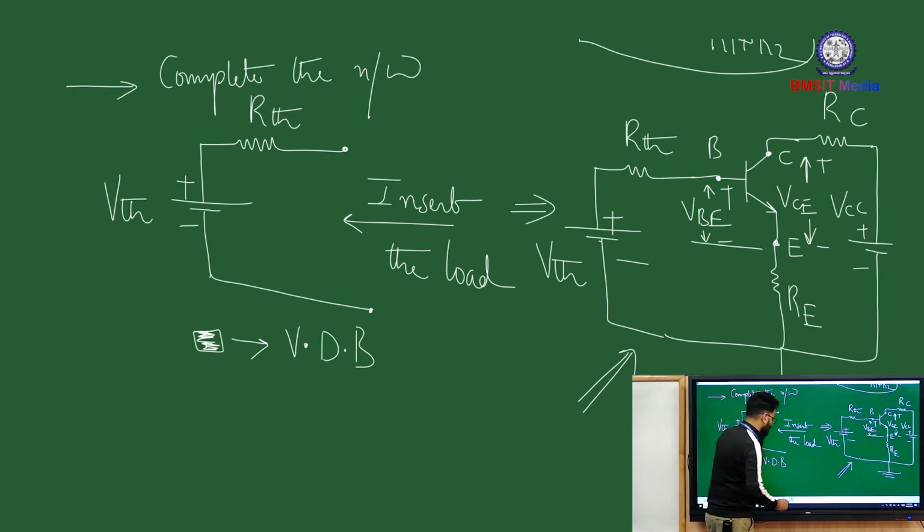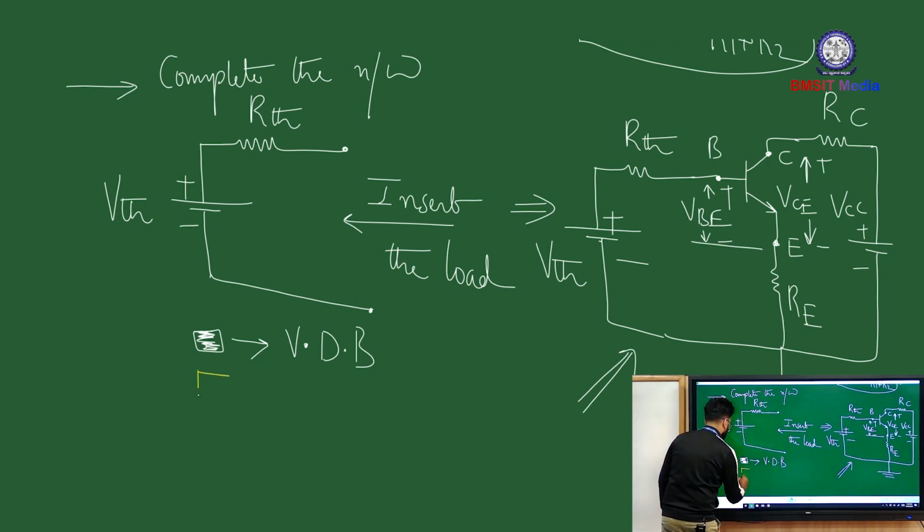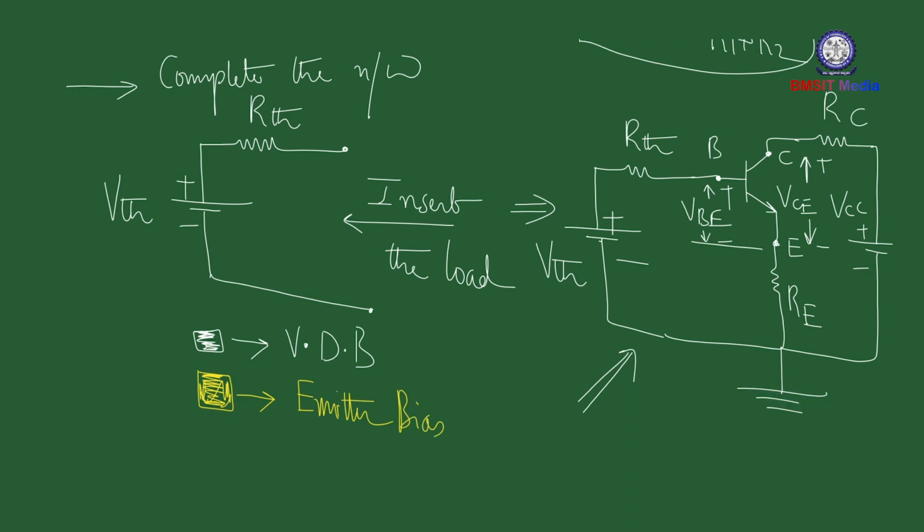VDB means voltage divider bias. Okay, and I will write some similarities using yellow. So this stands for emitter bias. Emitter bias.